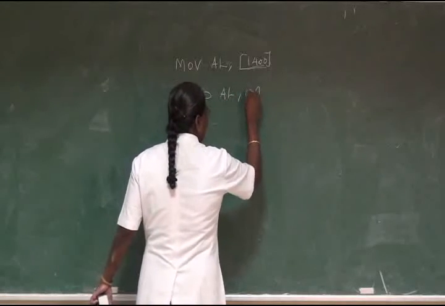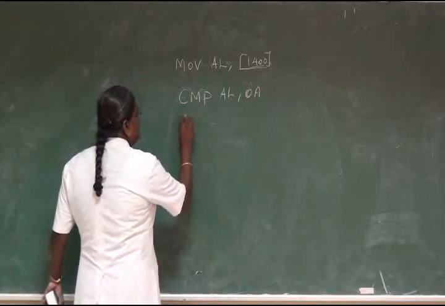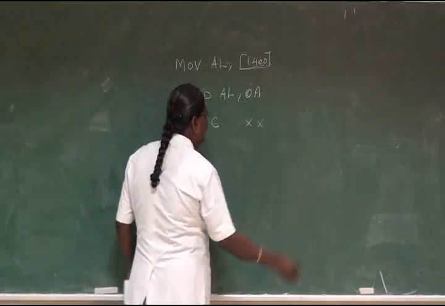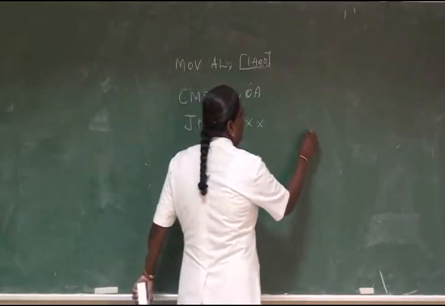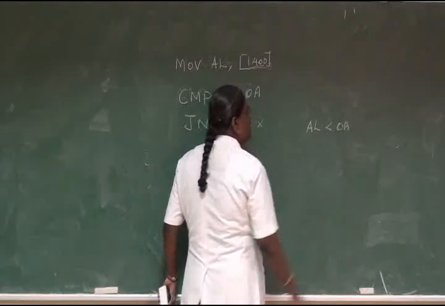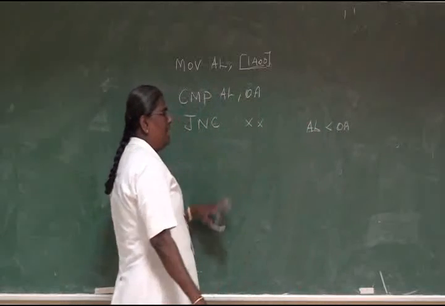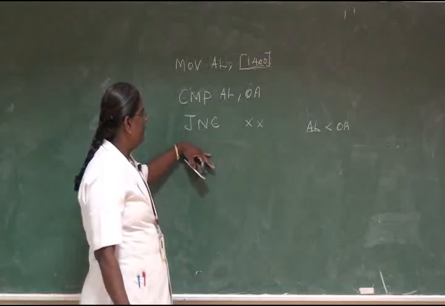It is compared with the immediate data 0A. Then we check for carry, jump on no carry, we have to go somewhere. If carry rises, it means the accumulated data is less than 0A, so we have to add 30. Otherwise, we have to add 37.